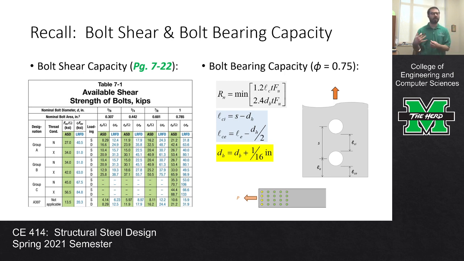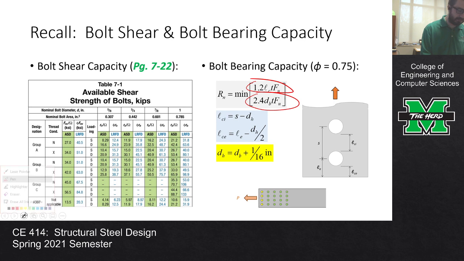Unfortunately, there are some design aids, but they're not as user-friendly as just chugging it out. To compute the bearing capacity per bolt, we use this equation in gray: the minimum of 1.2 Lc t Fu or 2.4 d t Fu. Everything in that expression is pretty simple other than Lc, which takes some doing.